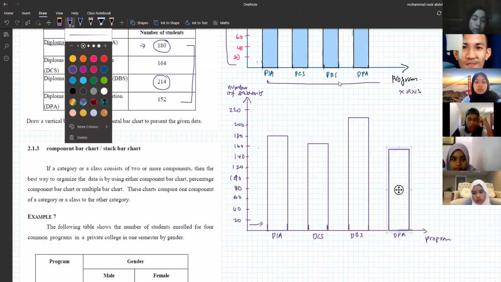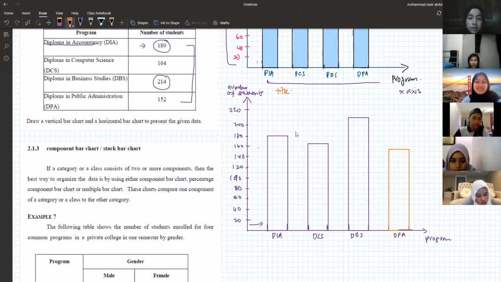don't forget to write down the title of the graph. This is a bar chart showing number of students by program.